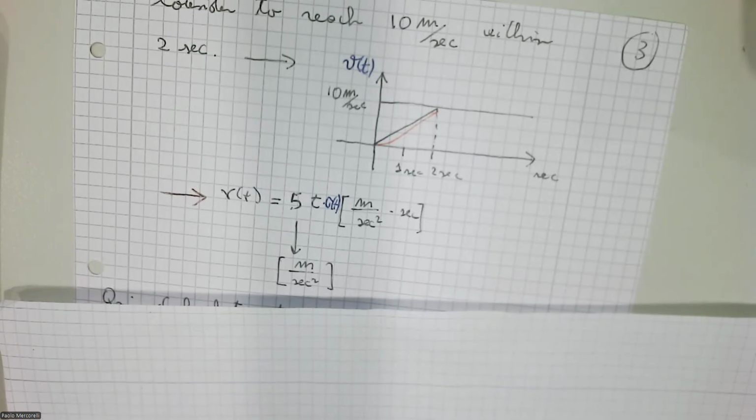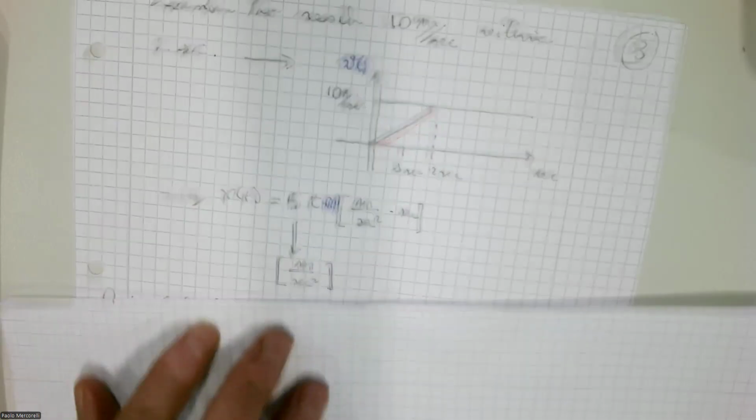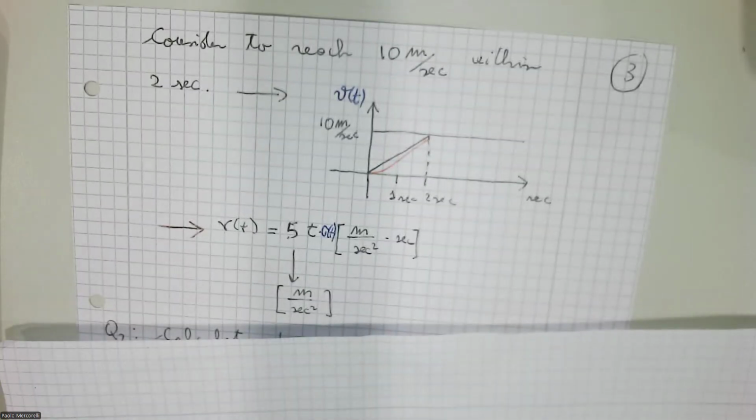Because until now I told you that I would like to achieve 10 meters per second, but I didn't say how much time I need or want to consider in order to achieve this goal. This also is important in control, because if I want to achieve 10 meters per second in 100 hours, this means I will not move much.